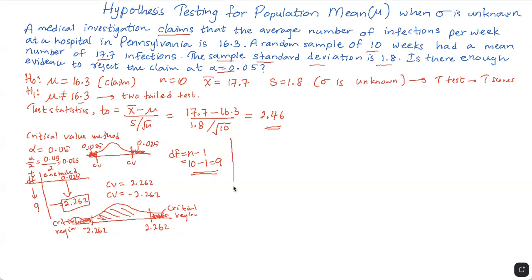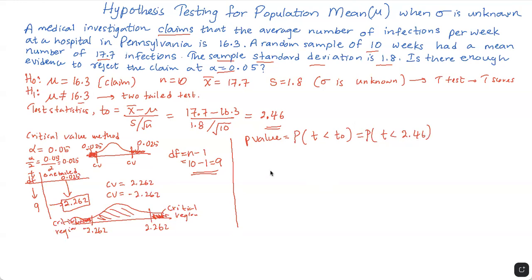Okay, let's look at the p-value here. The p-value is the probability that your test statistic or the sample statistic is this extreme when the null hypothesis is true. So here, probability t greater than 2.46, your test statistic value.